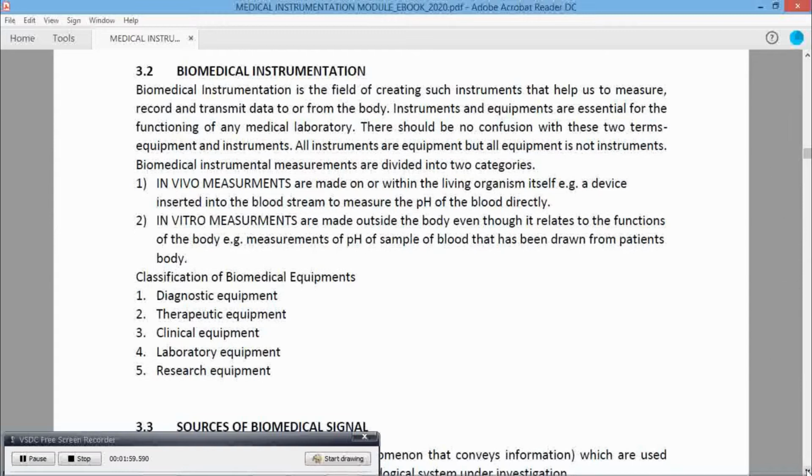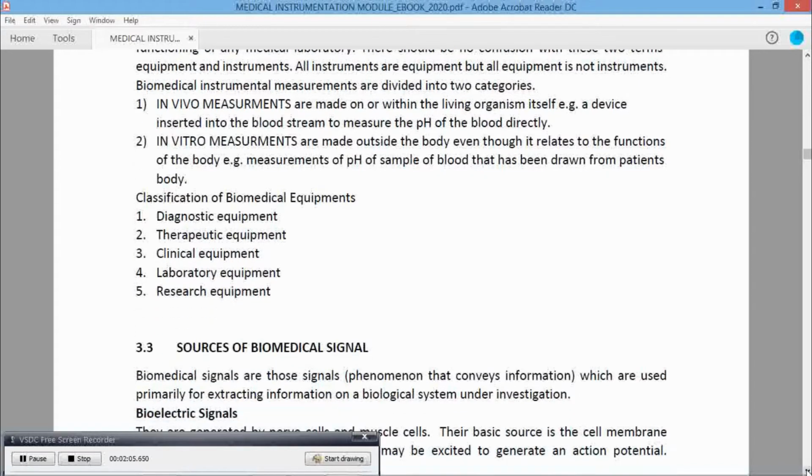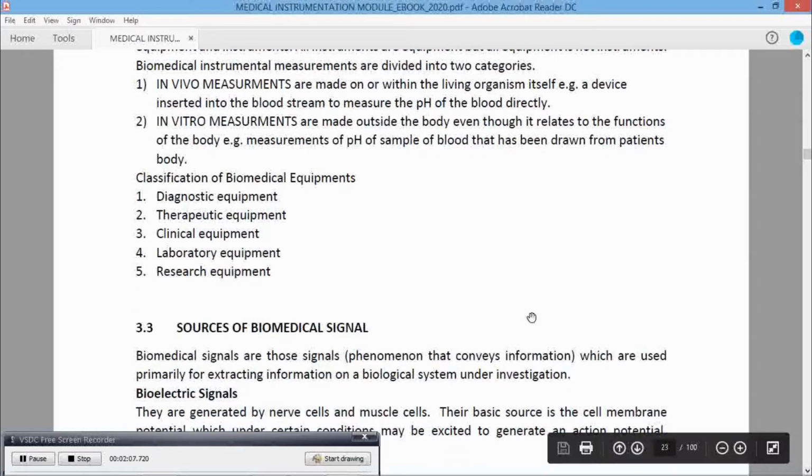In biomedical instrumentation, measurements are divided into two categories. One is called in vivo measurement, another one is in vitro measurement.